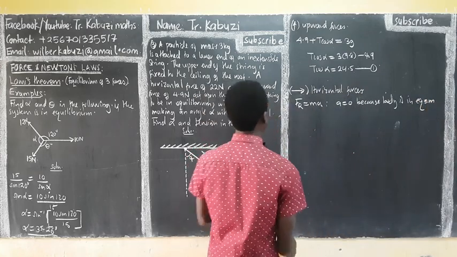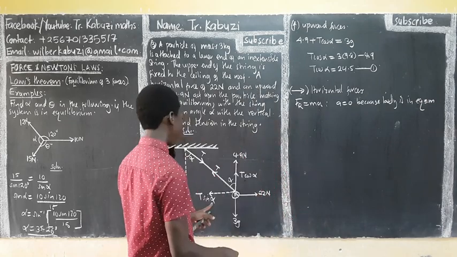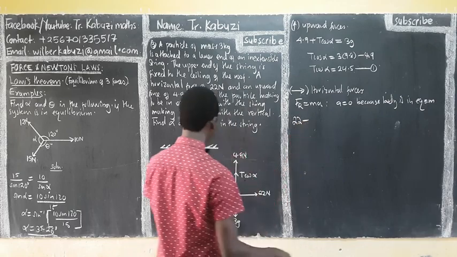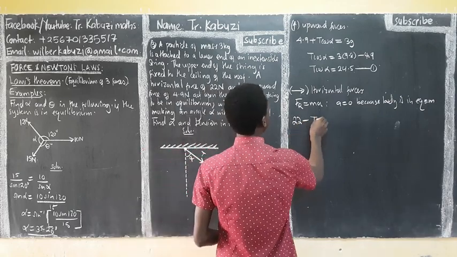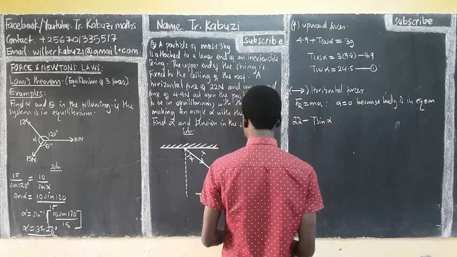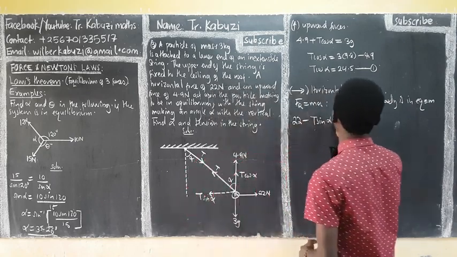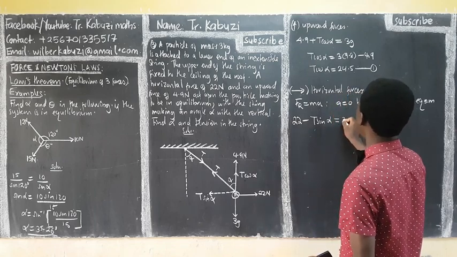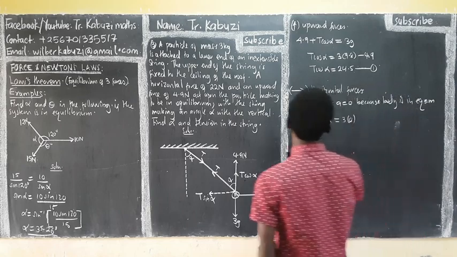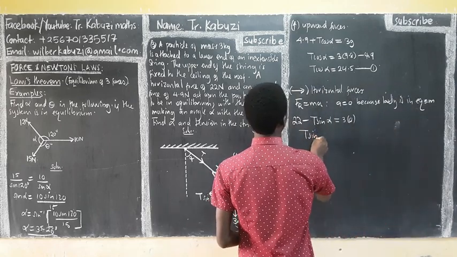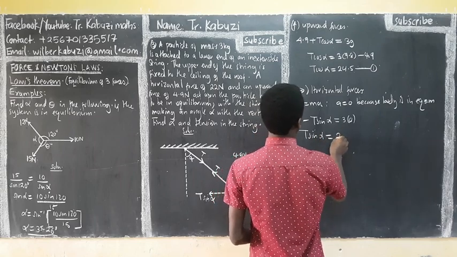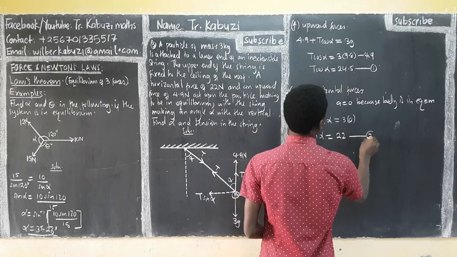So my forces act in that direction. I have 22, minus the one which is opposing, T sine alpha, equal to the mass, which is 3, times the acceleration, which is 0. So that now my T sine alpha is going to be equal to 22, and I call this equation 2.